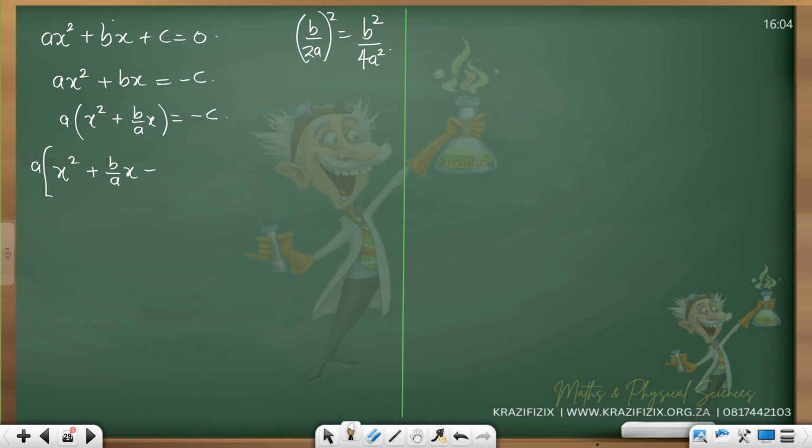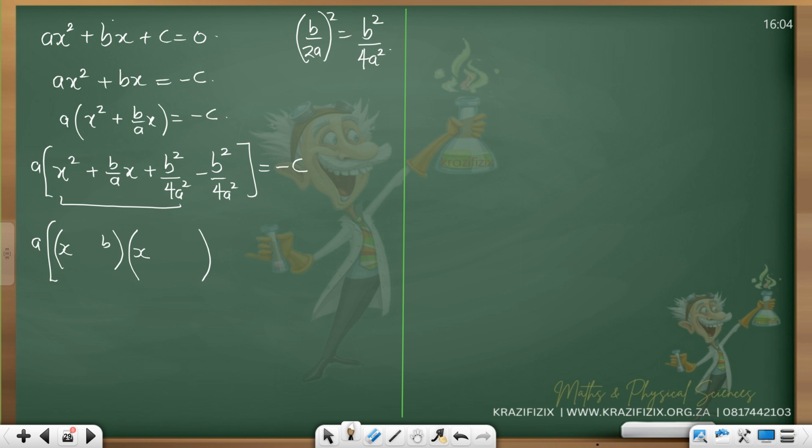So we add that. We do the exact same thing, and we also subtract it. But we have our negative c on that side. Perfect square trinomial. You should know what we are getting now. Two brackets. X, whatever is in your bracket is what you bring here. It's a positive.